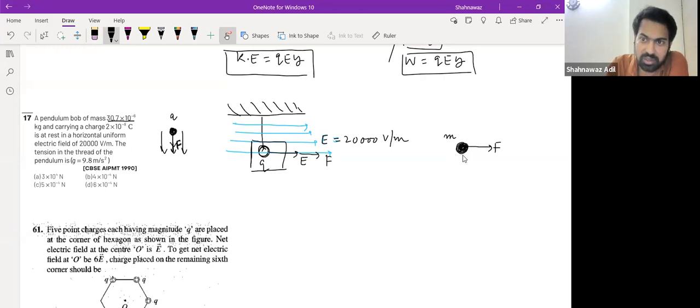Yes, the weight, downward. Coulomb force, you said? Coulomb force.